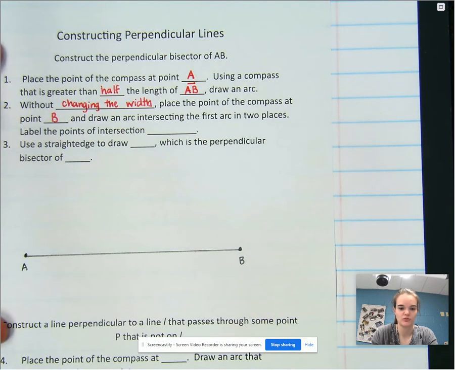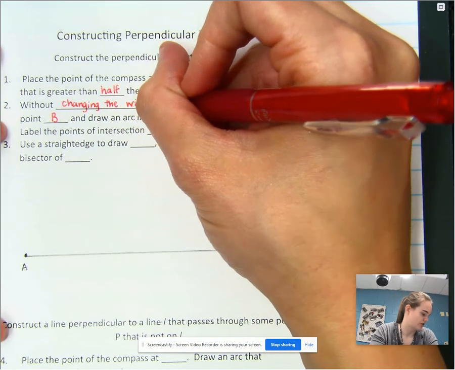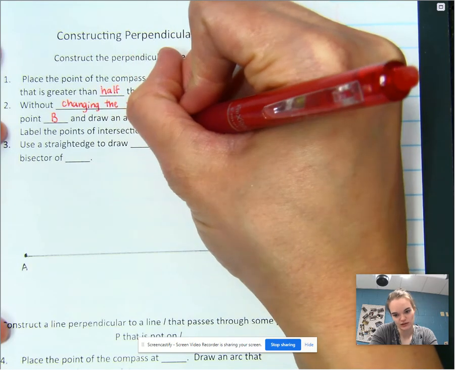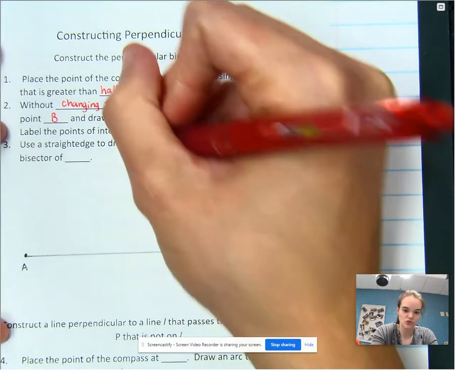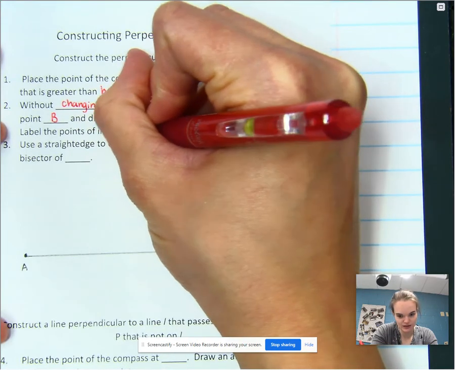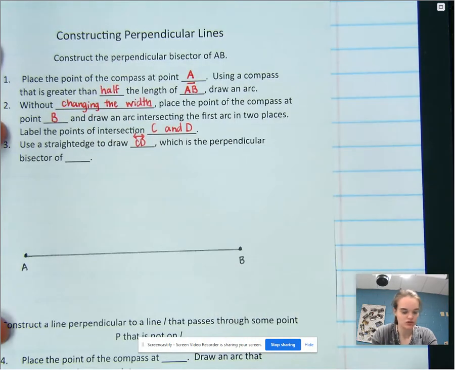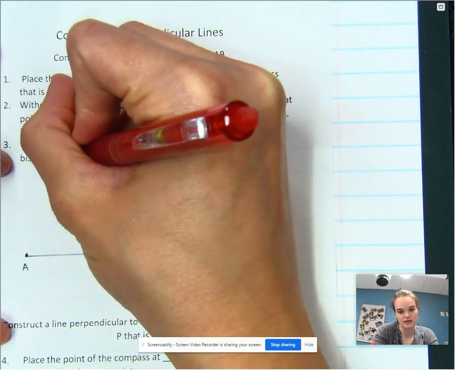It's got to do it in 2 places. Label the intersections C and D. Use a straight edge to draw CD, which will be a line, which is the perpendicular bisector of AB.